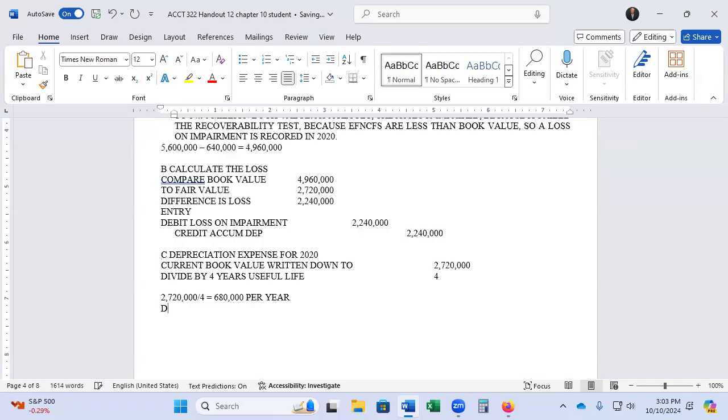So our entry would be depreciation expense for 680,000 and a credit to accumulated depreciation for 680,000.